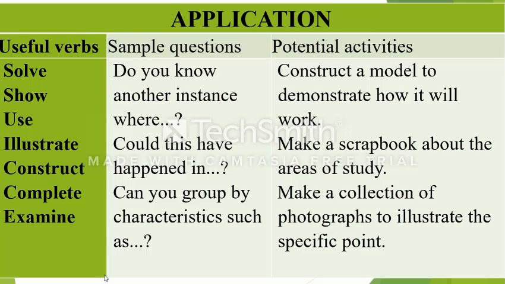If you are told to collect photographs about a specific point, and you have no knowledge and no understanding about that point, then how can you apply it in the study? It is not possible. So when you have the knowledge and you understand the things, then you can reach the third level, that is application. Is it clear?